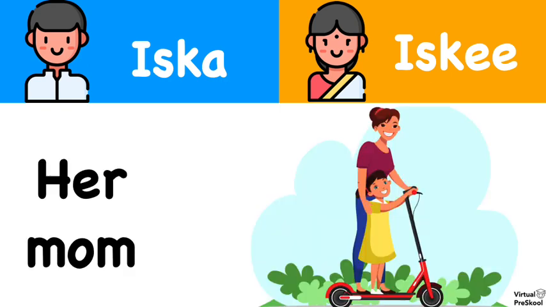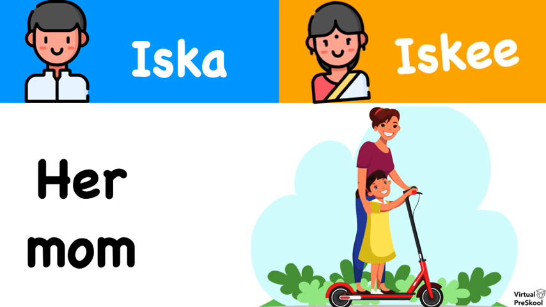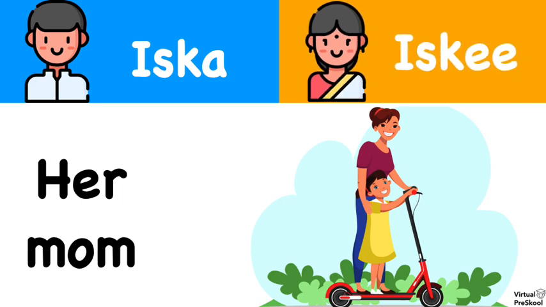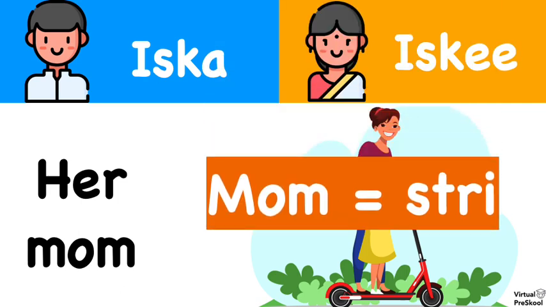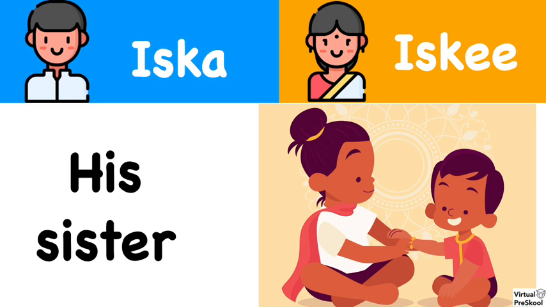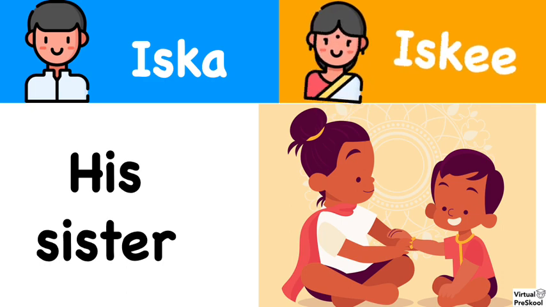What about her mom? Her mom, would it be Iska or Iski? Iski. And why? Because mom is a stree word. So Iski ma. What about his sister? Iska or Iski? Iski.